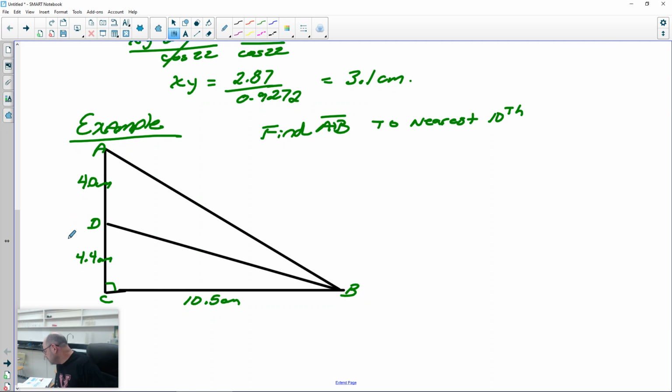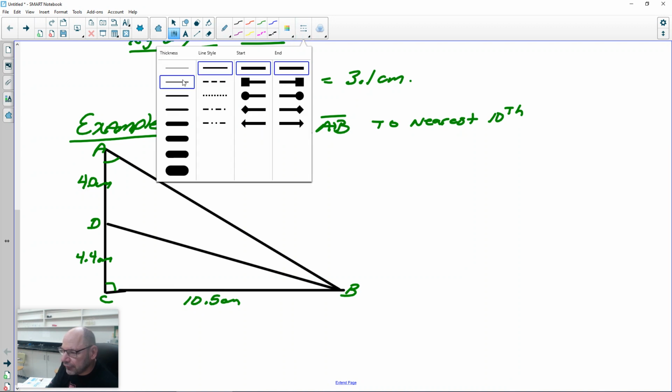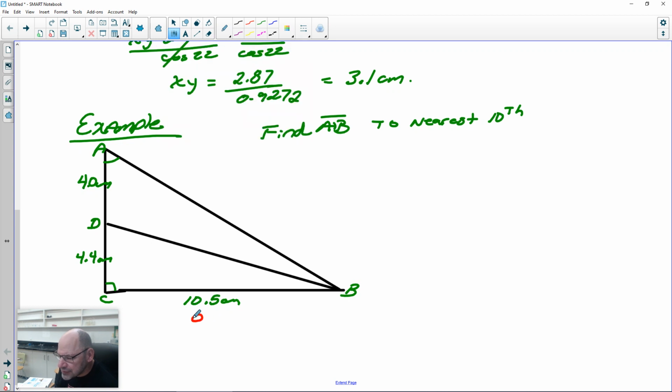So we can find angle A by looking at adding up this side, because this is a right triangle if you look at ABC. So in triangle ABC, let's say that this would be our opposite side, and this would be our adjacent side. So we can find angle A first.